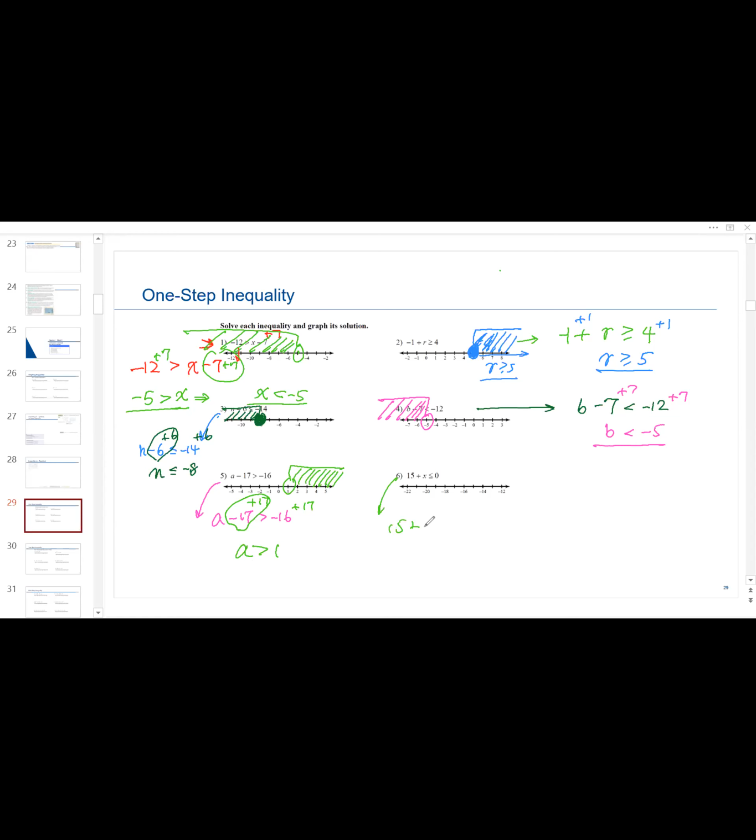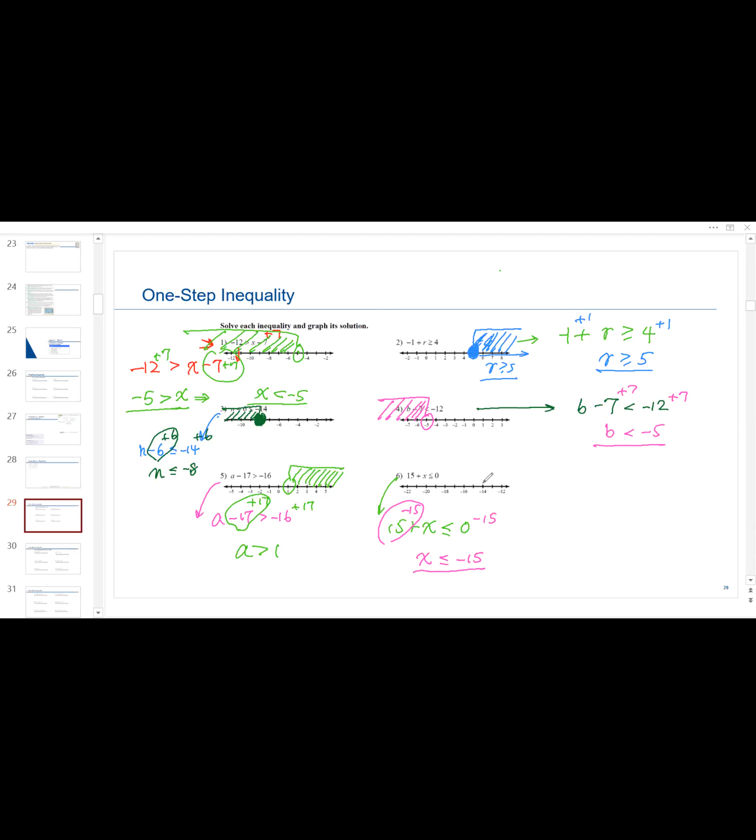All right, see 6 here. 15 plus x less than or equal 0. So what we need to do here, both sides minus 15. So here became 0, right? 15 minus 15 equals 0. The left behind is x, the right is negative 15, x less than or equal negative 15.